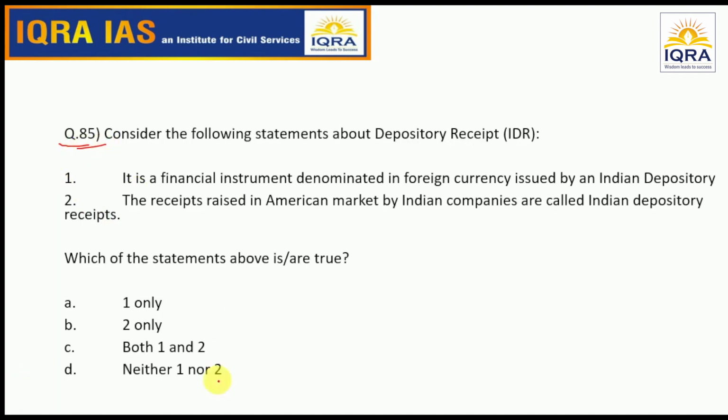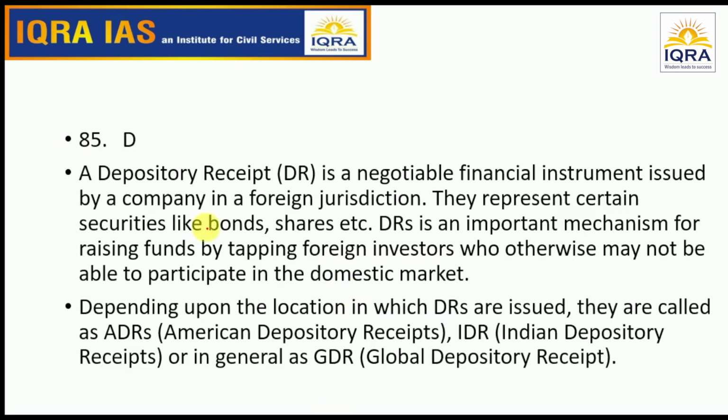Question number 85. Consider the following statements about IDR. It is a financial instrument denominated in foreign currency issued by an Indian depository. The receipts raised in American market by Indian companies are called Indian depository receipts. Which of the following statements are true? First of all, understand what a depository receipt is.